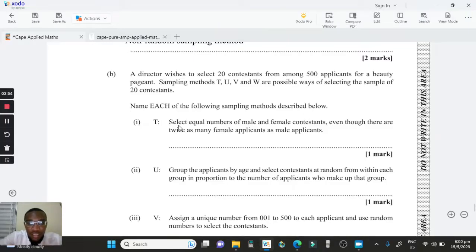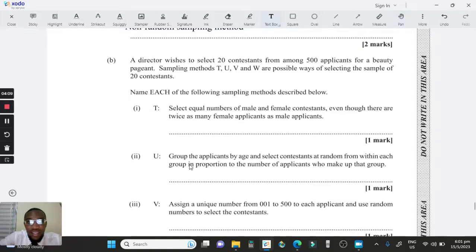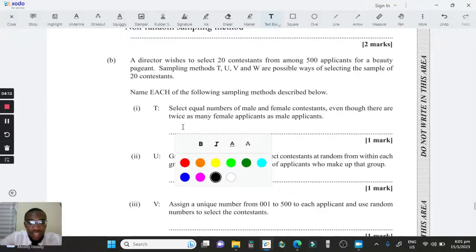Select equal numbers of male and female contestants, even though there are twice as many female applicants as male applicants. That's already a non-random technique. We just want to select equal numbers of males and females, breaking it into different groups, male and female, so it is quota sampling.